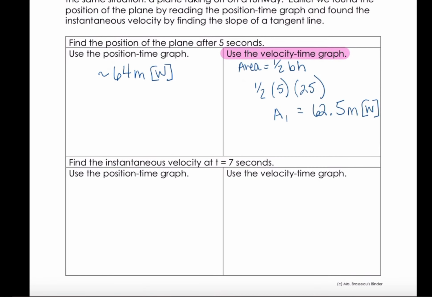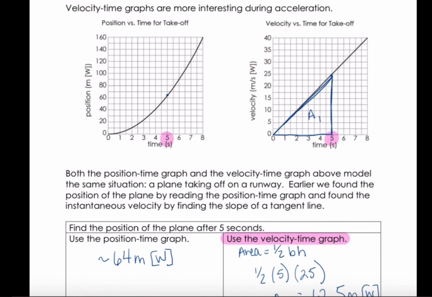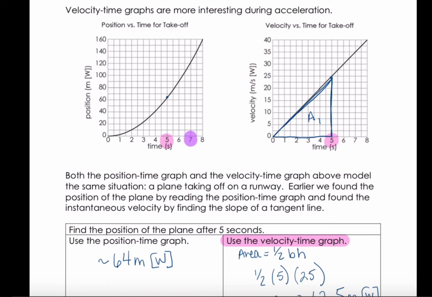Now we're finding the instantaneous velocity at t of 7 seconds. So for the position versus time graph at 7 seconds, we go up, our point is right here.